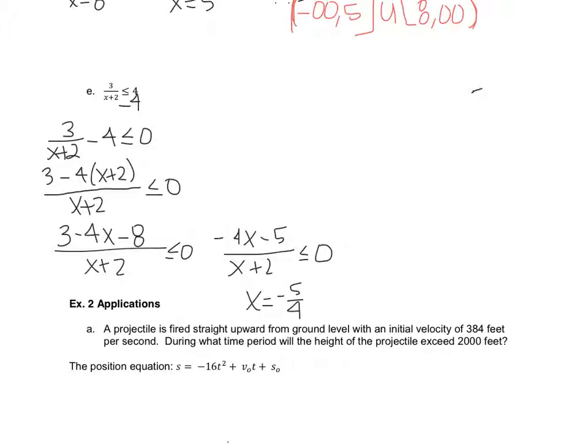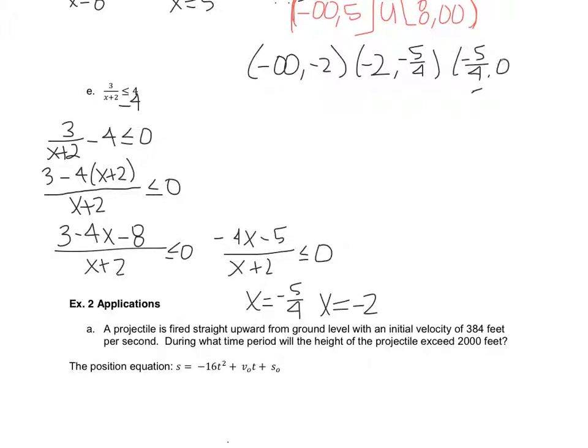That's an actual 0 where it's going to cross the x-axis. Okay, and then remember we also have to include any undefined points, so set your bottom equal to 0, and I'm going to use x equals negative 2 as well. So those are my two test points. So what I'm going to do is go negative infinity to negative 2, negative 2 to negative 5/4, and then negative 5/4 to infinity.